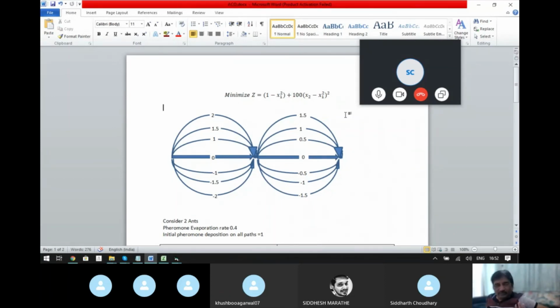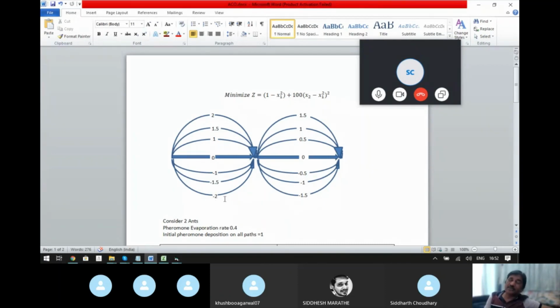Okay, so tau, pheromone, we know here, but eta we do not know, the way we knew in TSP. So this time we decided not to take the eta value as such. Eta was 1 upon the length of the arc. Here we don't have the length of arc, even though we have values of x1 equal to -2, -1.5, -1.